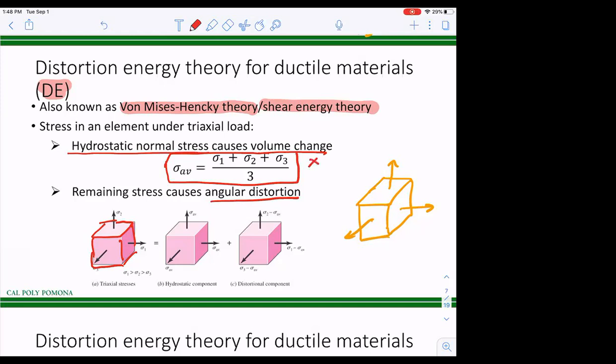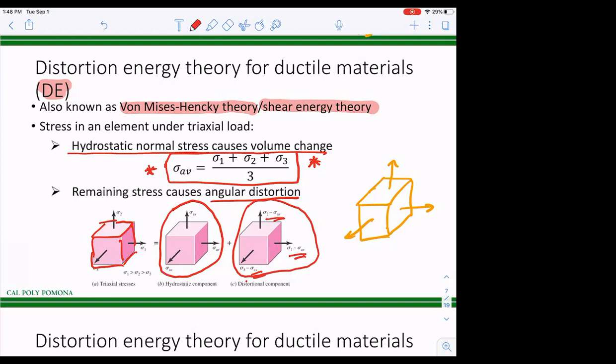So this is my hydrostatic stress, the normal stress that causes change in volume, which is nothing but the average of all three principal stresses. And the remaining stresses, which are sigma 1 minus the hydrostatic component, sigma 2 minus the hydrostatic component, and sigma 3 minus the hydrostatic component, are my distortion component causing distortion of the structure.